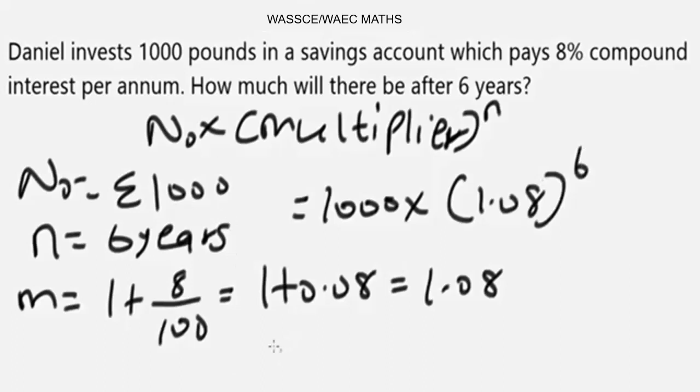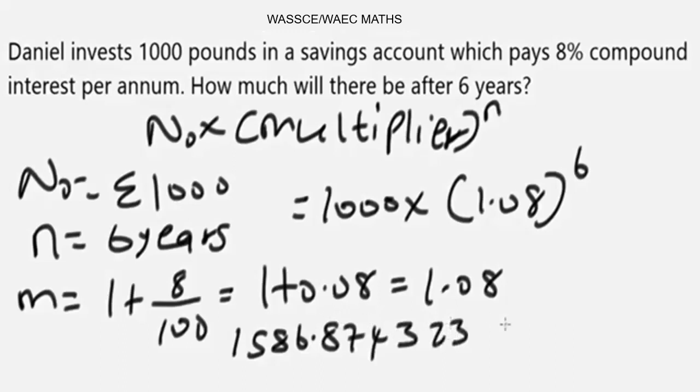When you punch it in the calculator, you're going to have 1586.874323. Let's leave it at 2 decimal places.